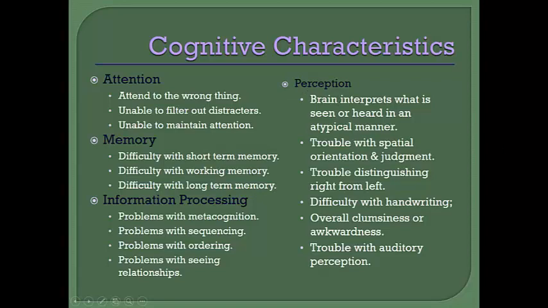Cognitive characteristics: attention, memory, information processing, and perception. Attention: attend to the wrong thing, unable to filter out distractors, unable to maintain attention. Memory: difficulty with short-term memory, working memory, and long-term memory.